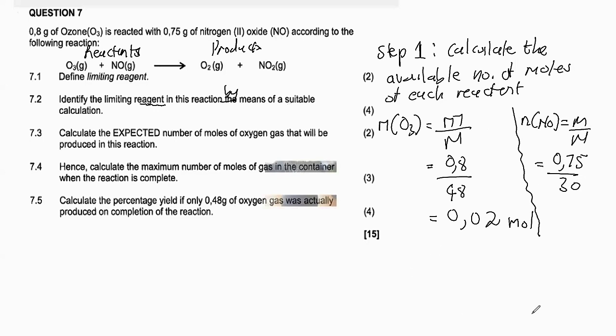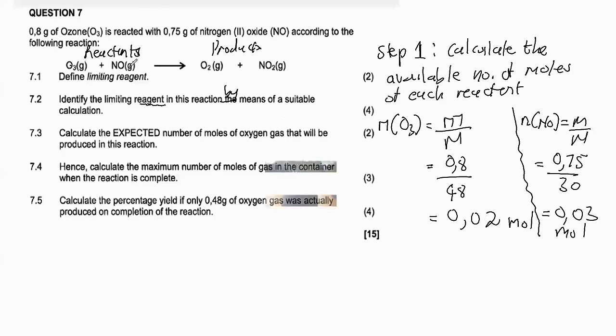Then we have 0.75 divided by 30, which gives 0.025. If we round off to 2 decimal places, that's 0.03 mole. So we have 0.02 mole for the ozone and 0.03 mole for the nitrogen oxide.